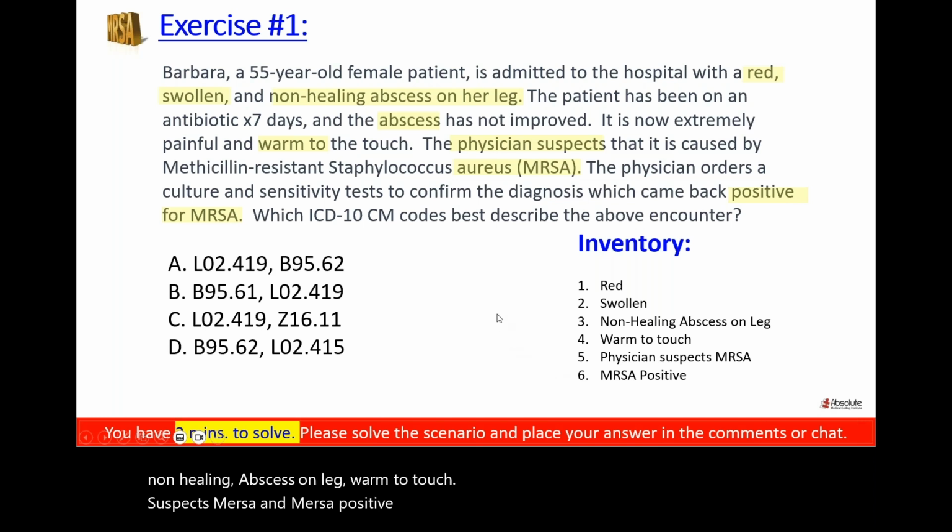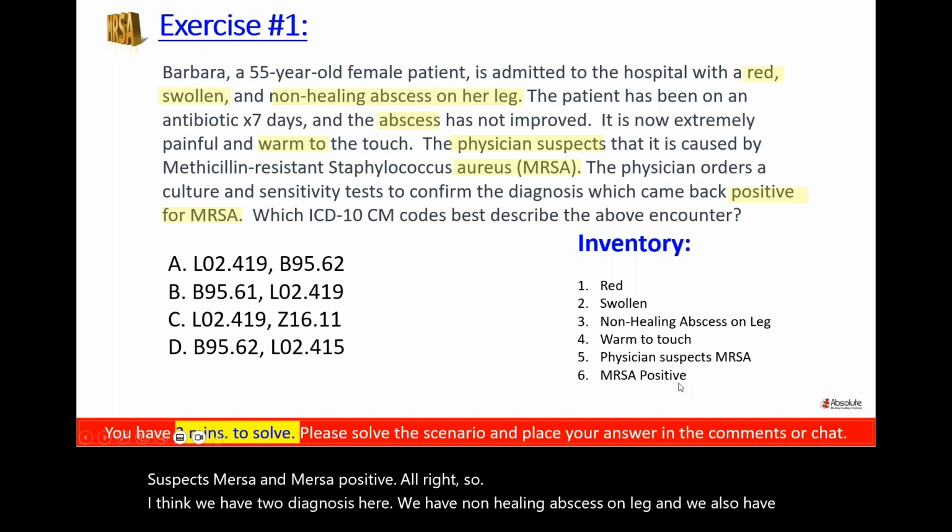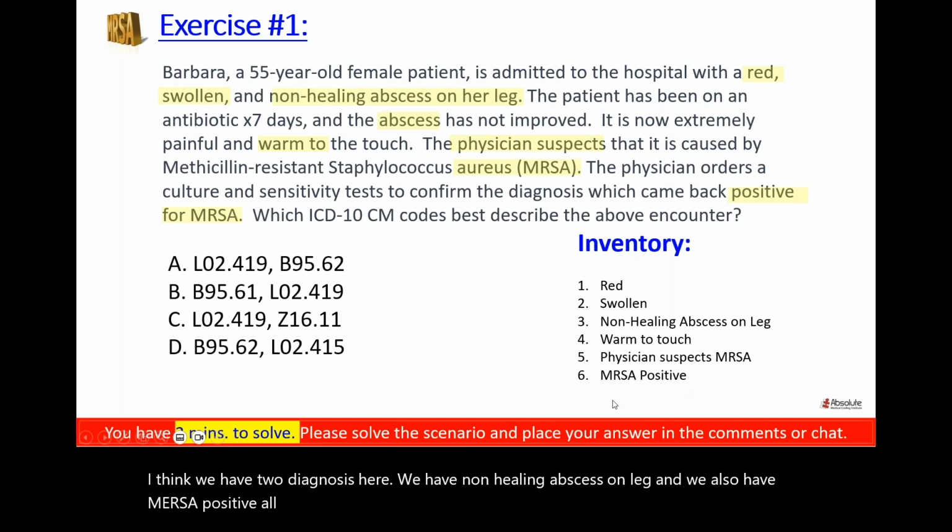All right, so I think we have two diagnoses here. We have non-healing abscess on leg, and we also have MRSA positive. All others are integral. The redness is integral to the non-healing abscess on leg. The swelling, non-healing abscess on leg, and MRSA.